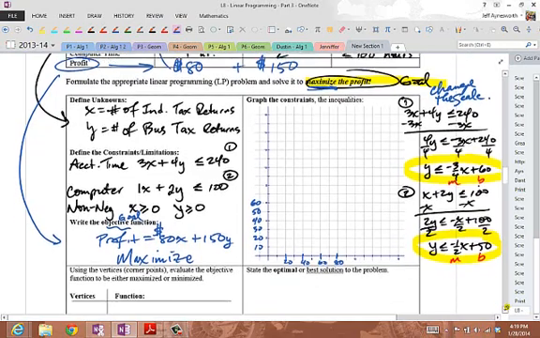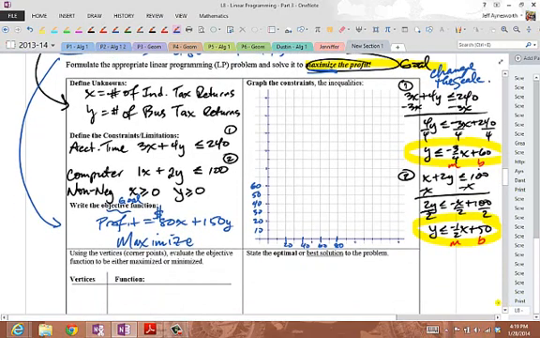Okay, now what I want to do is start graphing, and I'm going to start plotting the first inequality here at 60. Now check this out. I got a slope of negative 3/4. The slope of negative 3/4 is the same thing as negative 30 over 40.